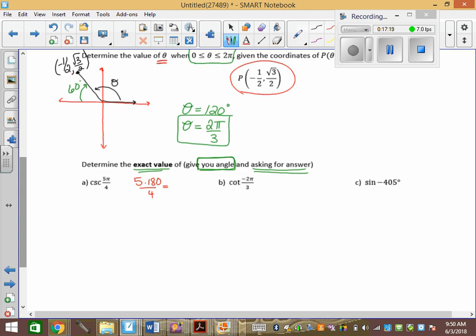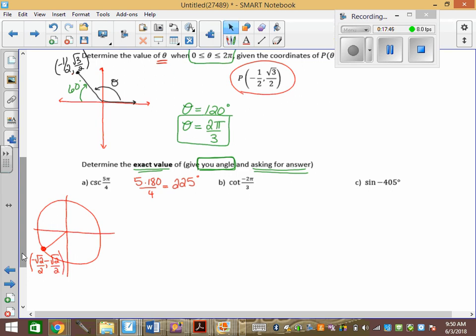And you get 225. Or if you have your unit circle drawn, you'll have that number on it. If you're going to have a coordinate on the entire unit circle, you're going to have a coordinate at 45. And that coordinate at 45 is going to be negative root 2 over 2, because x is negative in quadrant 3, and negative root 2 over 2, because y is negative in quadrant 3.